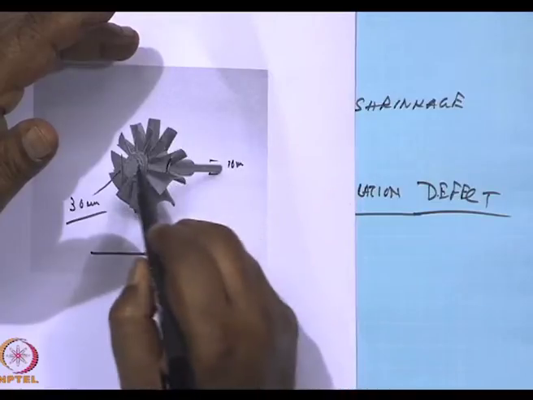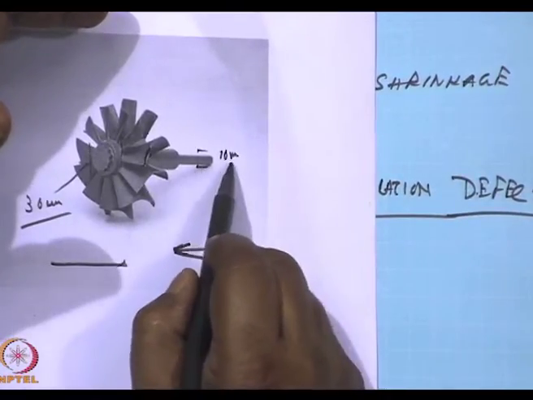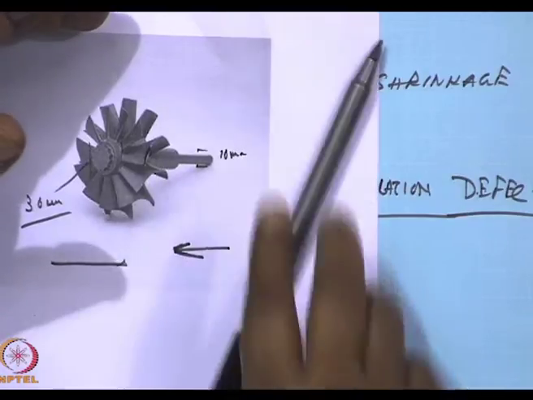But let us presume that the liquid has flown, the mold has filled properly. Then comes the solidification problem. You see, these are hardly 1 millimeter apart, these blades. But this is 30 millimeter, 3 centimeter. This is 10 millimeter, 1 centimeter.